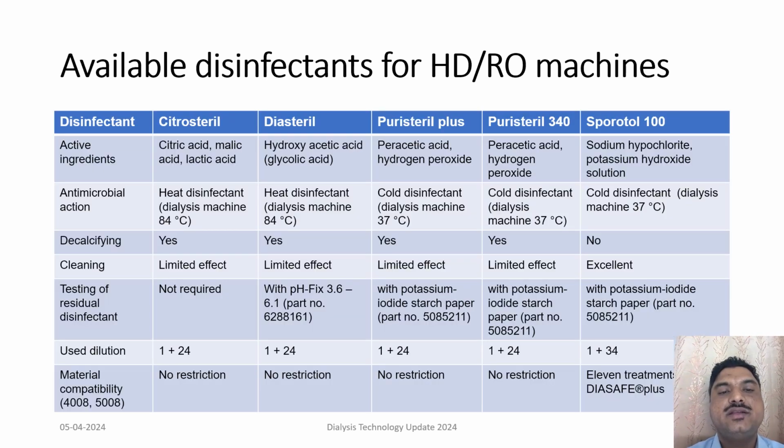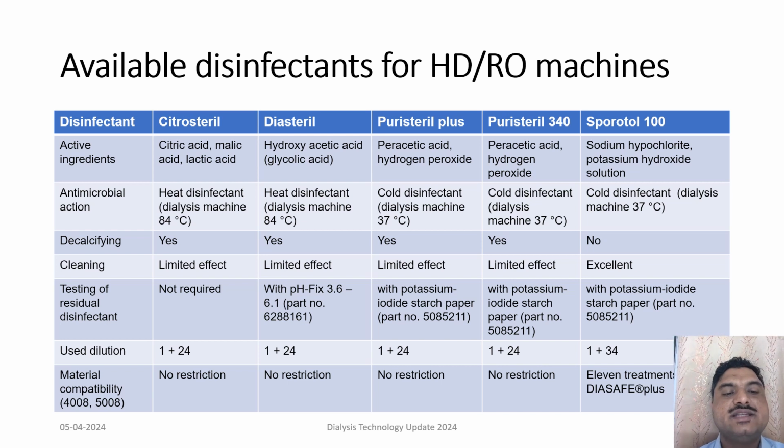If you look at the various disinfectants that are available commercially for hemodialysis and RO machines, the components are Citrosteril, Diasteril, Puristeril Plus, Puristeril 340 and Sporotal 100.